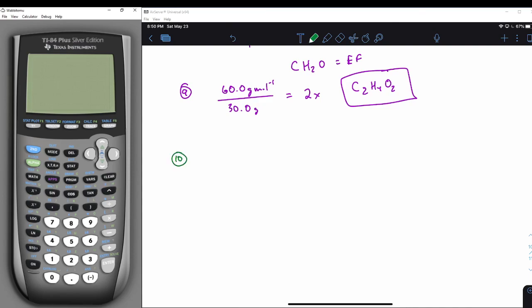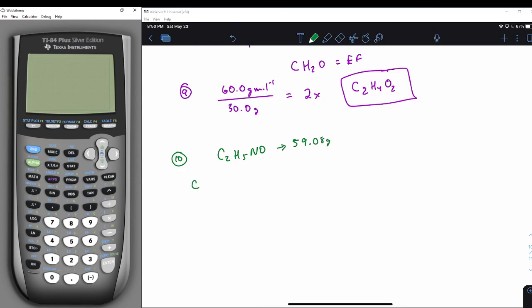10 is calculate the mass percent of carbon, nitrogen, oxygen in acetamide. Okay? So that is C2H5NO. So mass percent is the mass of each element total in that compound divided by the total mass of the compound. So the total mass of this compound is 59.08 grams.